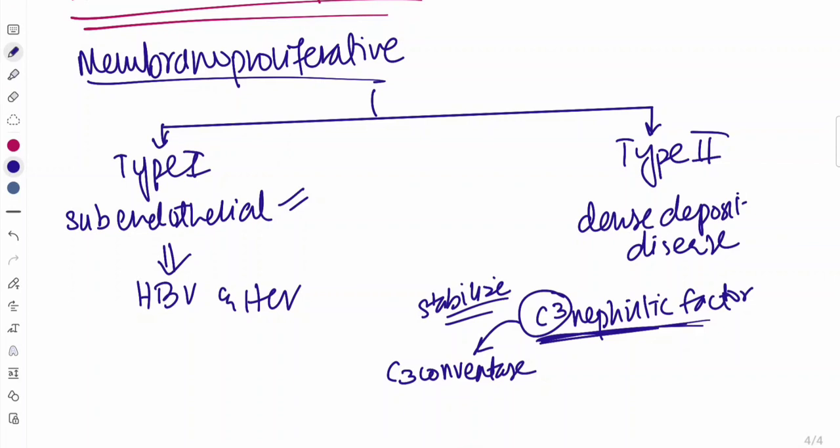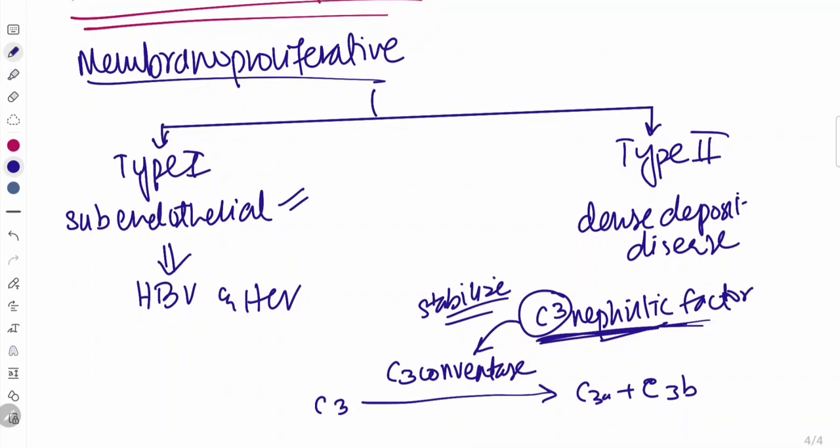Now because of this, when this is stabilized, C3 will decrease, and due to low levels of circulating C3, what will happen? It will not form C3a and C3b. Usually C3 convertase converts C3 into C3a plus C3b, and the complement is then going to work. It's an opsonin, right? So it won't work because C3 nephritic factor, which is an autoantibody, has stabilized C3 convertase.